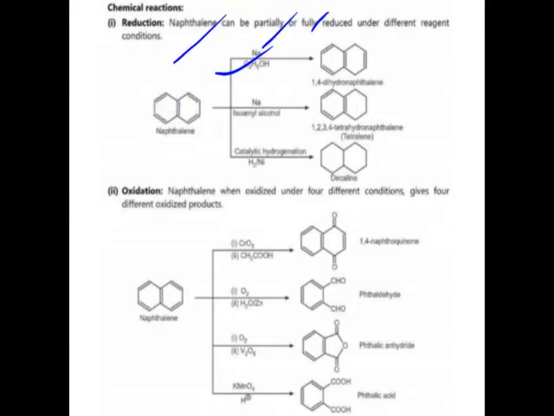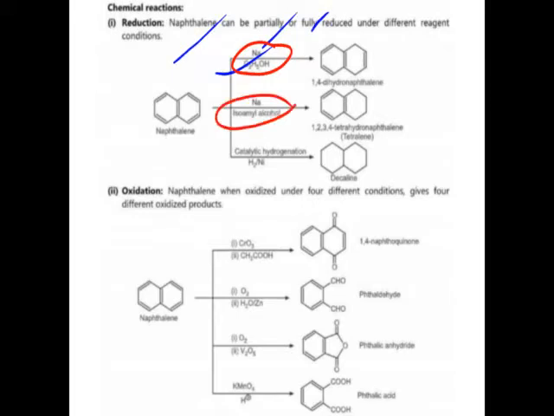In this way the reduction of naphthalene can take place. So reduction means addition of hydrogen. When a double bond is present, we can perform the reduction reaction, that is we can remove this double bond by addition of hydrogen. So such a reaction also takes place in case of naphthalene. So please note that in presence of sodium and ethanol, only one bond is reduced.